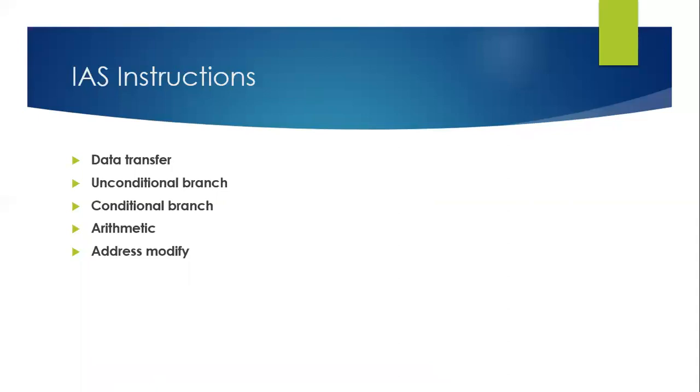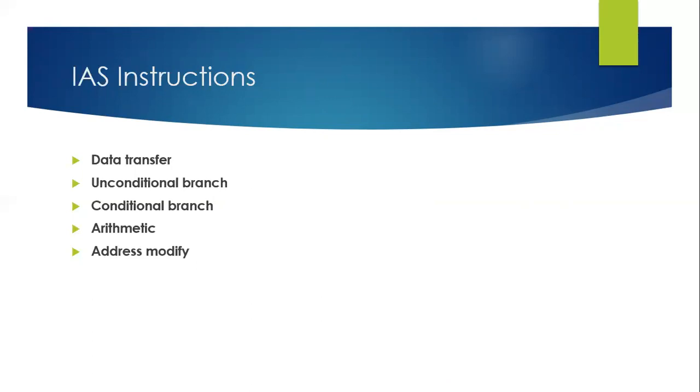Next instruction is unconditional branch. Unconditional branch means it will be something like your go-to statements. So you are jumping to another instruction in your program, and not in sequential way, according to your condition. So that is unconditional branch.